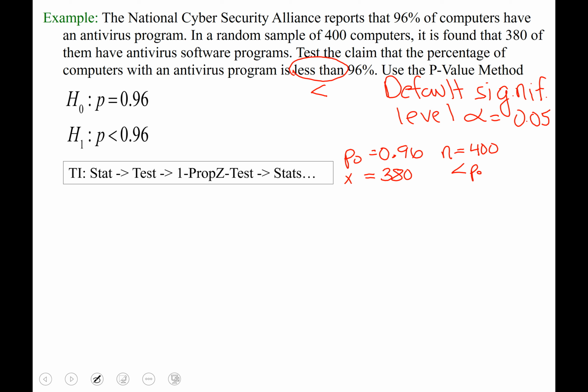If you're asked for the test statistic, it's that first line, z equals negative 1.02. But this one just said to test the claim using the p-value method. So we are only interested in the output p equals. This is the probability of making a type 1 error.